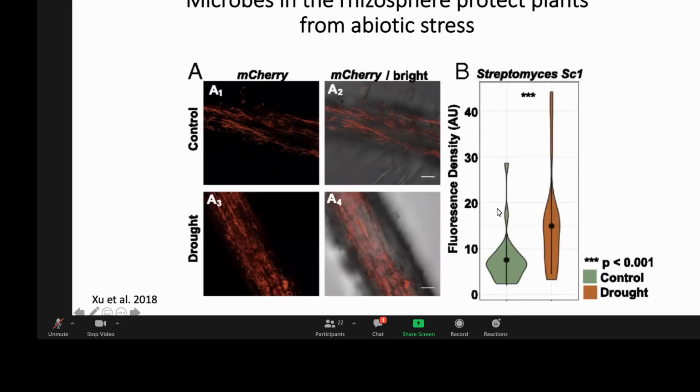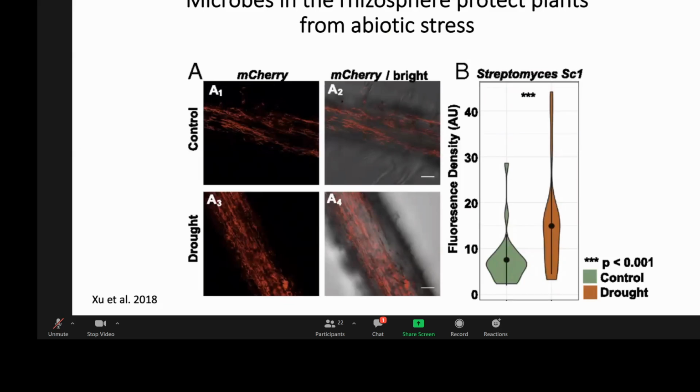And then when that is quantified, here shown as fluorescence density, we see that there's an increase in Streptomyces as compared to our control conditions. And this makes sense because Streptomyces, being gram positive, is able to basically tolerate desiccation as a result of having a thick cell wall.